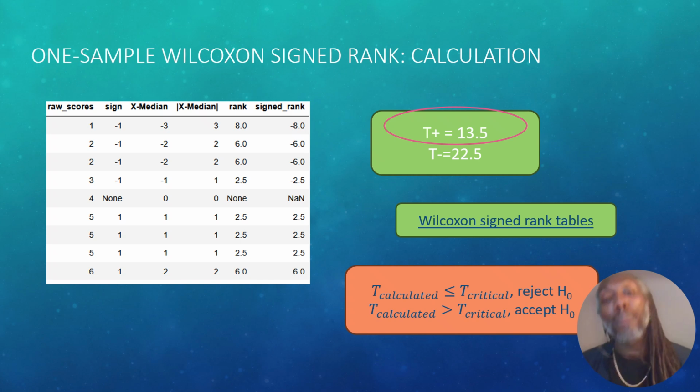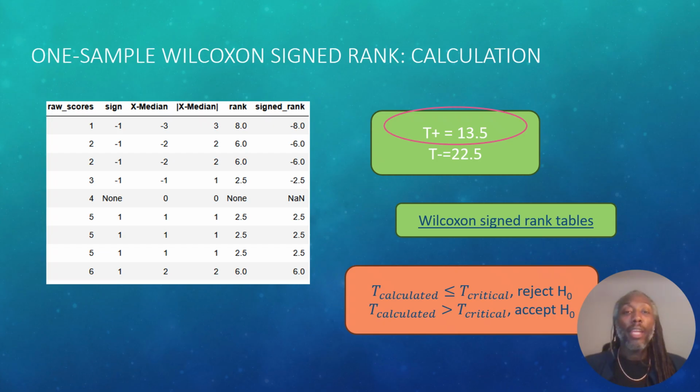The difference between our median of 4 and our score of 1 is -3. So we'll do those differences between the median and each score, and then we'll take the absolute value of those. So anything that's negative becomes positive, and the positive ones stay the same.